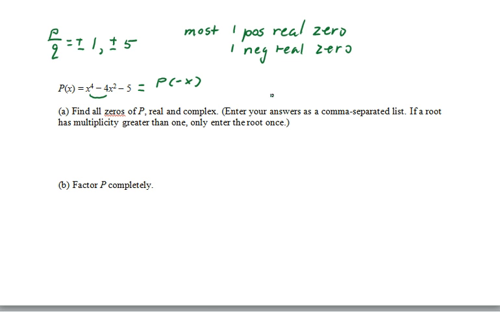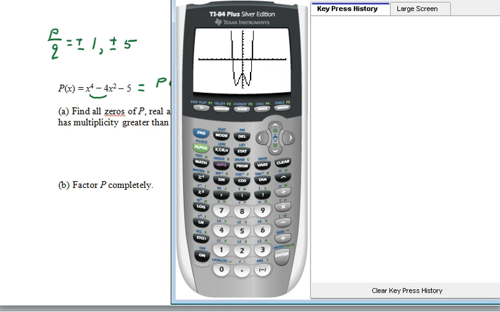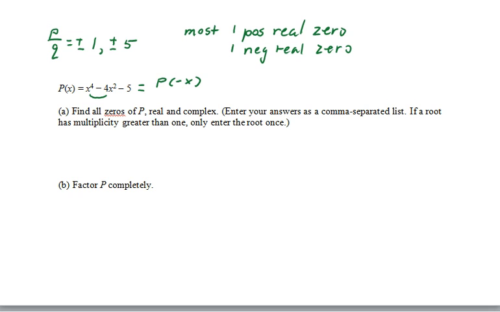So when we look at the graph, and I've already graphed this, notice that neither plus or minus 1 nor plus or minus 5 appears to be a 0. And yet, apparently, we do have one positive and one negative, since subtracting 2 from either of those would make negatives, and that's not possible.